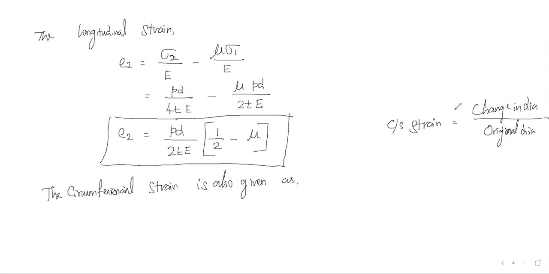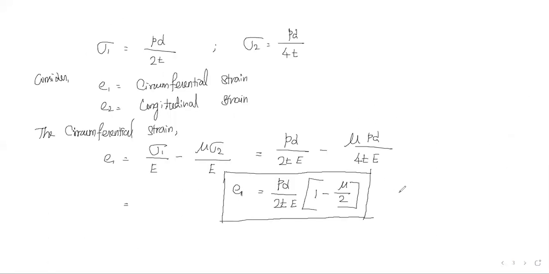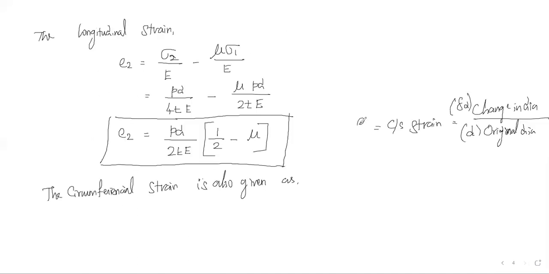Okay, so change in dia we are going to denote by the letter delta D. Okay, and original dia is D. Now whatever we have calculated, that is circumferential strain, this value is given in equation number 1, that is E1. So E1 is equal to del D by small d.